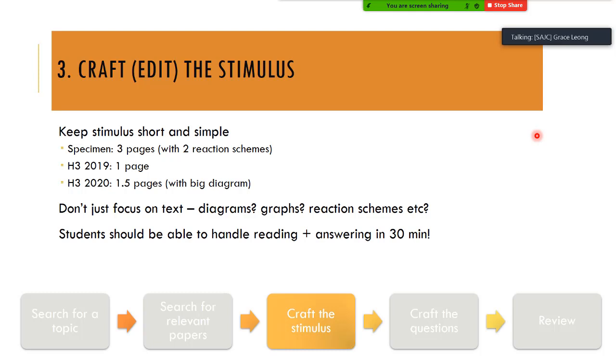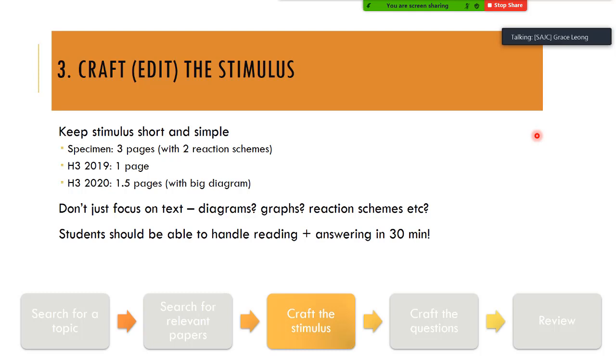So we really need to edit down such that it's clear and concise for the students. I've also seen past year prelim papers. There are some stimulus that are really quite heavy on reading load. I'm not trying to say that those questions are no good. There is no perfect question, but in general, I think we try to keep it manageable for students.